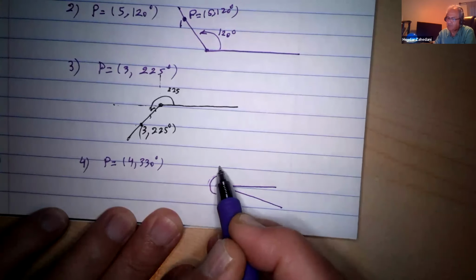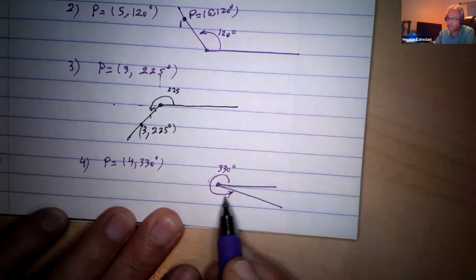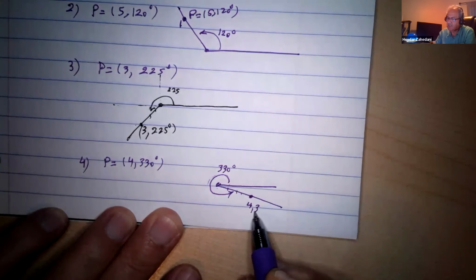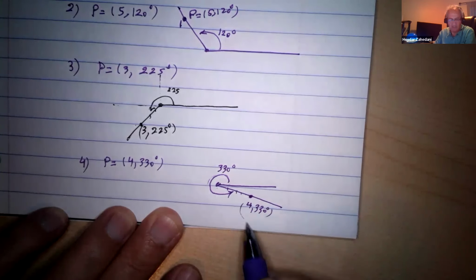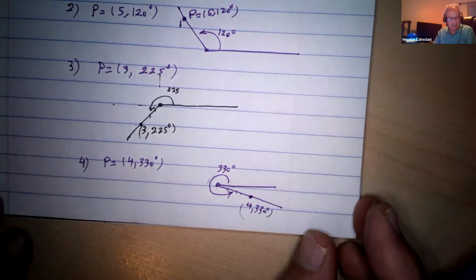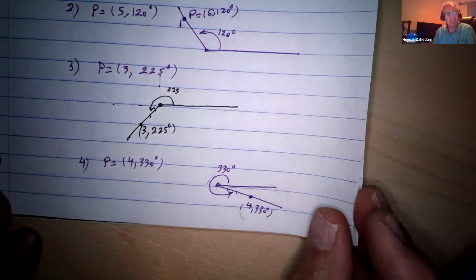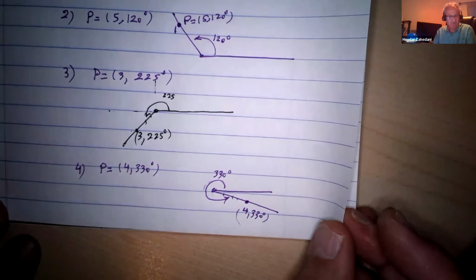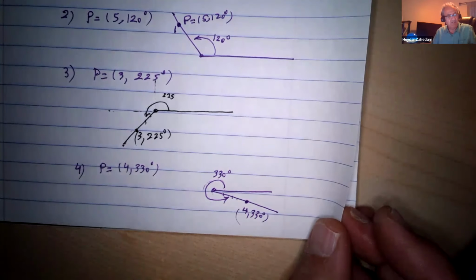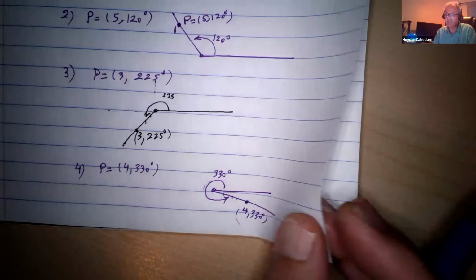This angle would be represented by 330 degrees, and in this direction you pick the 4 units, 1, 2, 3, 4. So this point would be 4 and 330 degrees. You can have negative angles, you can have negative R.